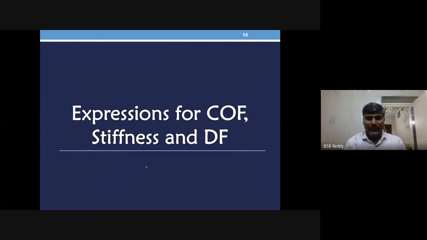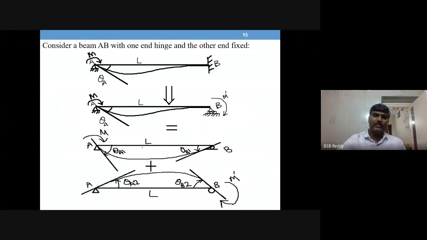Okay. Right. Let us take the same beam AB where one end is hinge, other end is fixed. And if we apply capital M at A, it will be rotated by theta A at A. And anyhow, theta B is equal to 0 because no rotation is possible at B. Okay.